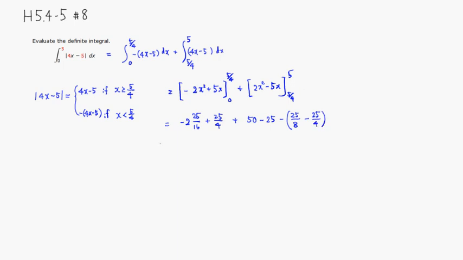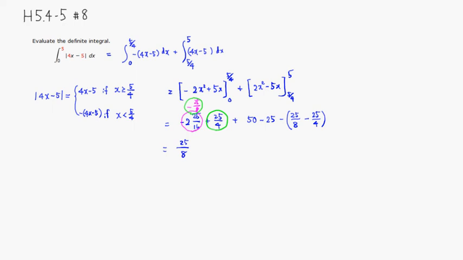So these are the same thing with the negative sign. This guy right here is 25 over 8 with a negative sign, so we can combine these together and we get positive 25 over 8.